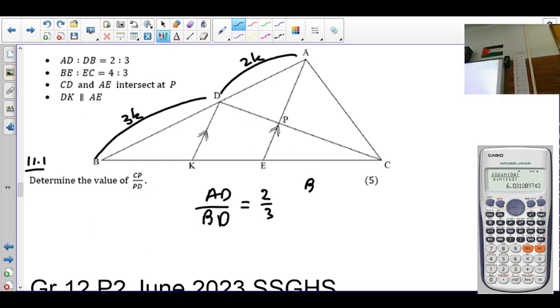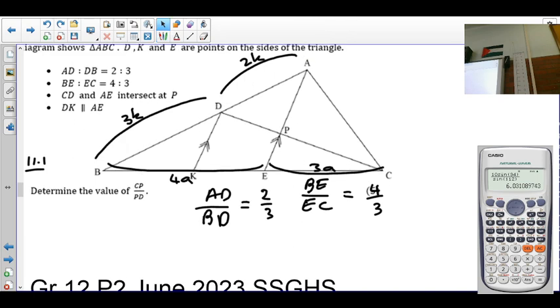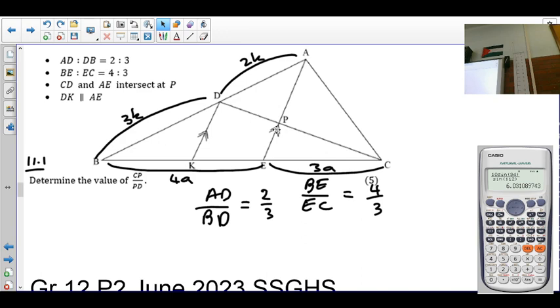Then BE over EC is going to be 4 over 3. So that's going to give you BE as 4A and EC as 3A.